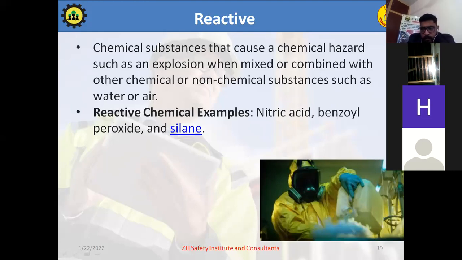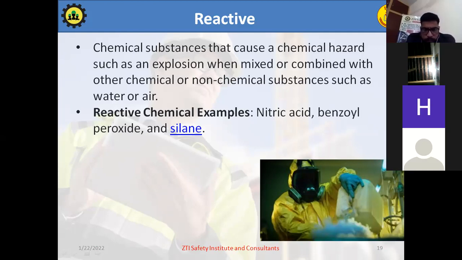Adiabatic property is the property in which, if hydrogen gas is exposed to ambient environmental conditions, it does not necessarily need the ambient temperature to be very high or very low. Whatever conditions the ambient environment has, if hydrogen gas is exposed to them, it can abruptly explode. The adiabatic reaction will start, and it can cause an explosion at the same time.